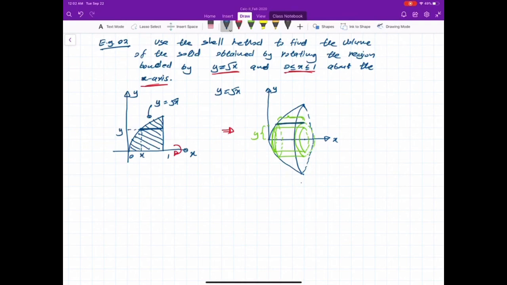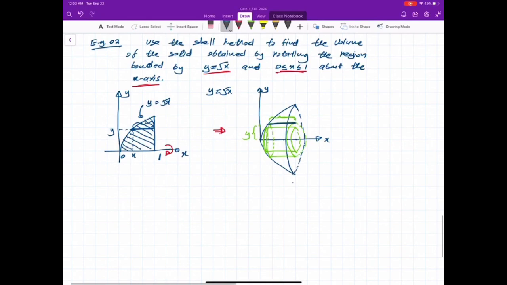All right. Now this part is actually 1. This part is actually 1 minus the corresponding x value. Okay, 1 minus the corresponding x value. So this is x.